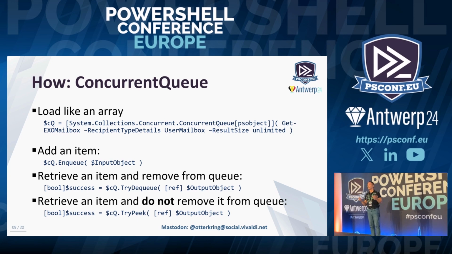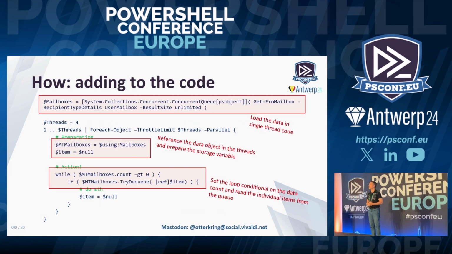The queue just loads like an array. You can just take the output of whatever you use, get AD user, get mailbox, whatever, and assign the variable. You can enter individual items with the enqueue method, get stuff out with try dequeue, or just have a look into the queue with try peek.